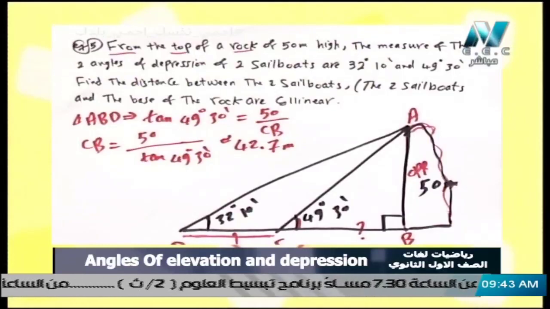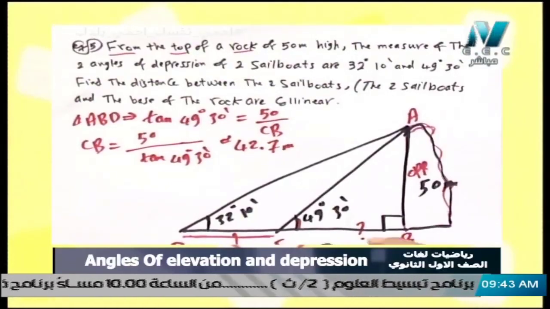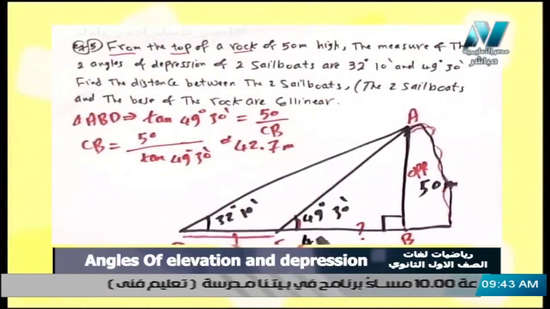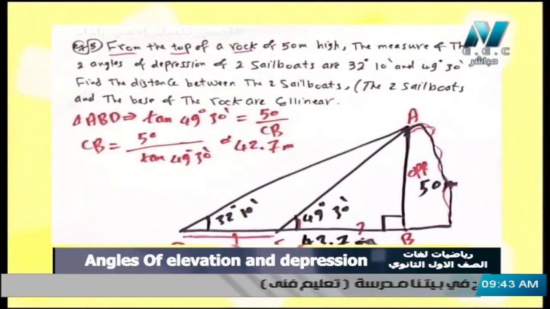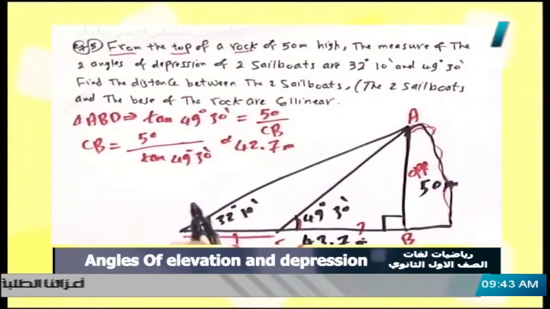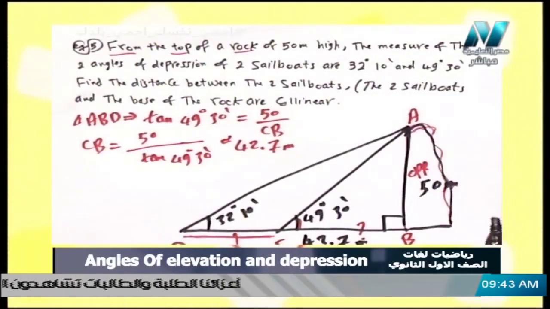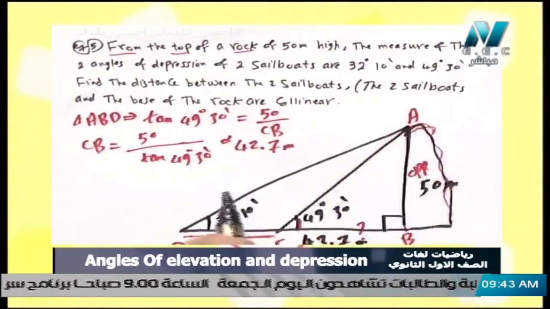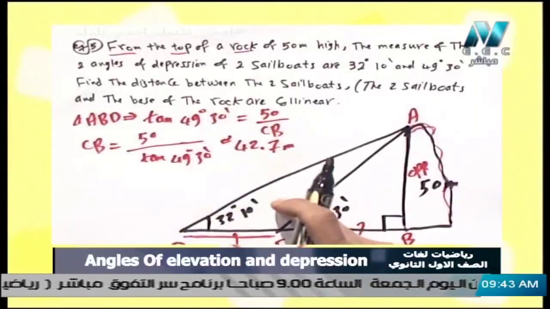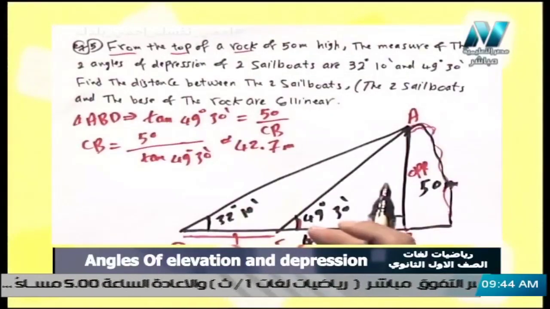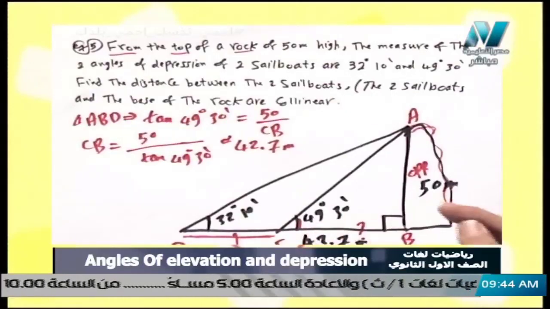Okay, we now have CB equals 42.7 meters, and we will deal with triangle ABD. Some people say, why can't we deal with the triangle ACD? You cannot deal with this triangle because it is not a right angle triangle, and your study depends only on right angle triangles.